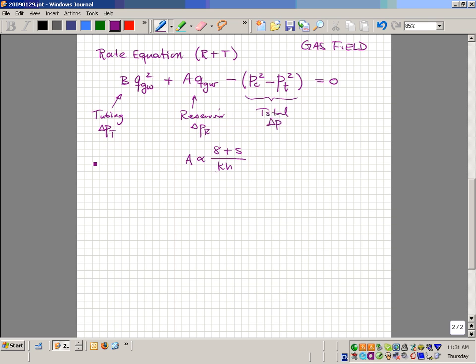The B is proportional to 1 over the tubing diameter to about the, what was it, 2.7, I think? 2.65. We can check it here.